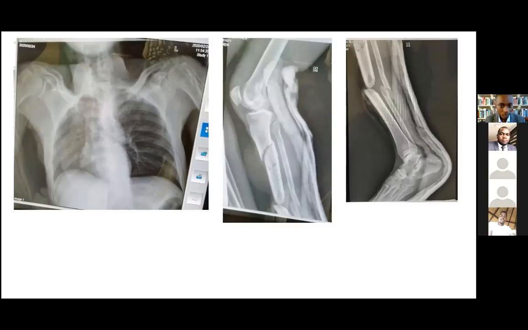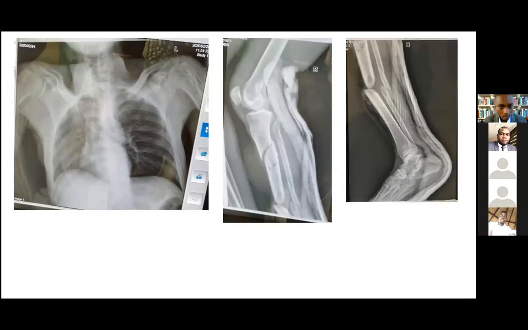Okay, the X-ray, the technique probably not well centered, not well inspired as well. I cannot clearly map out the trachea, but there is obvious pathology on the right side.